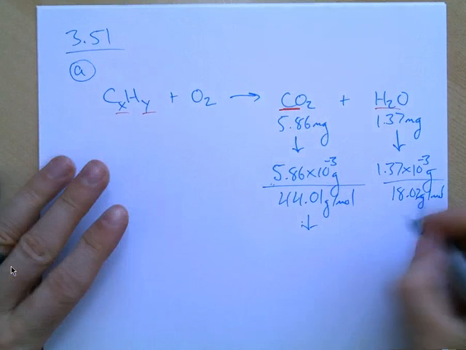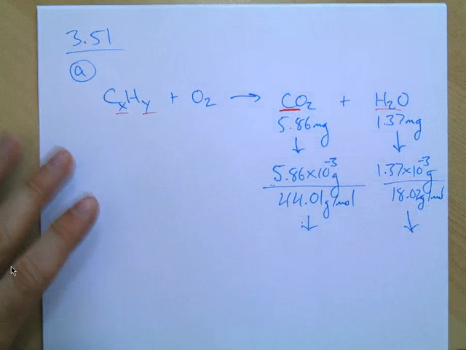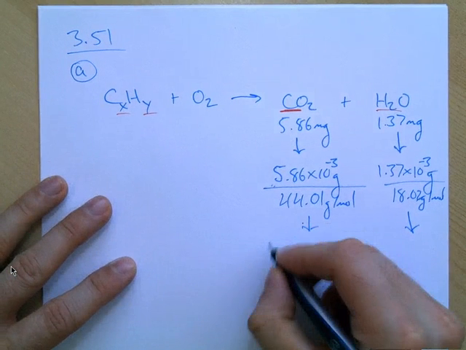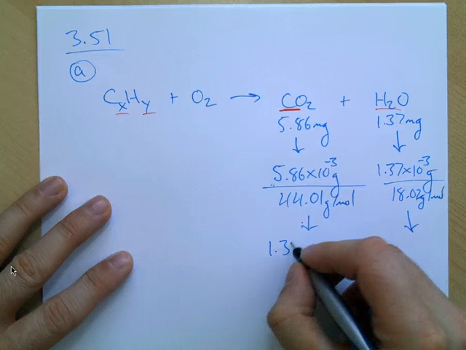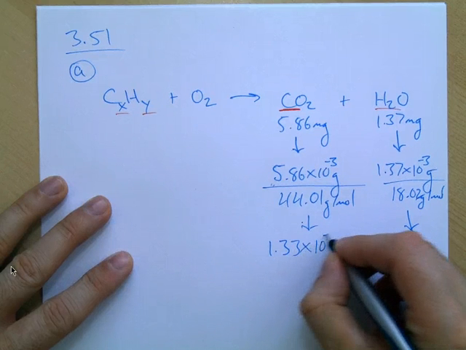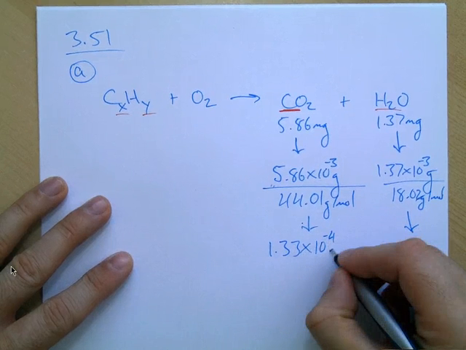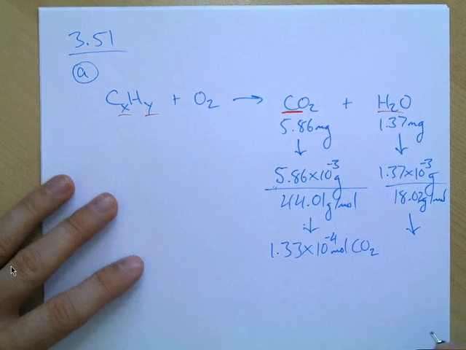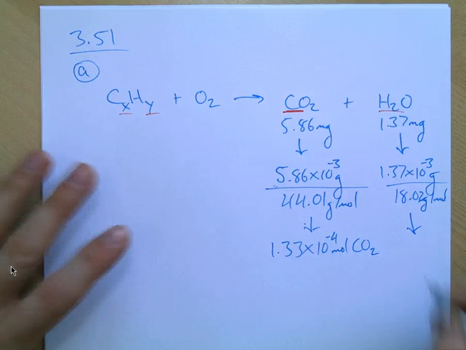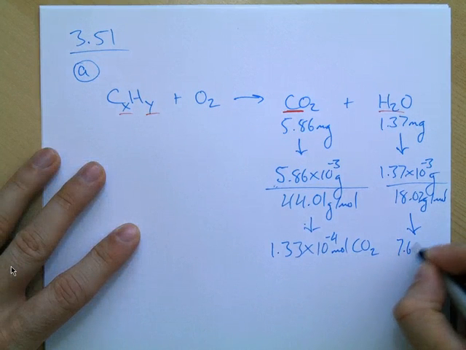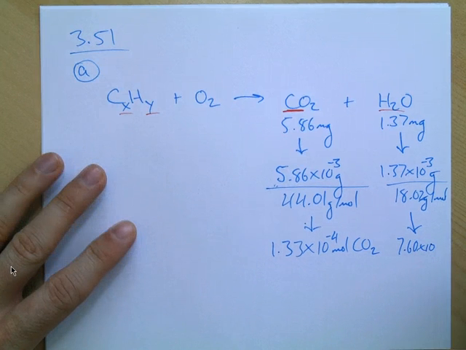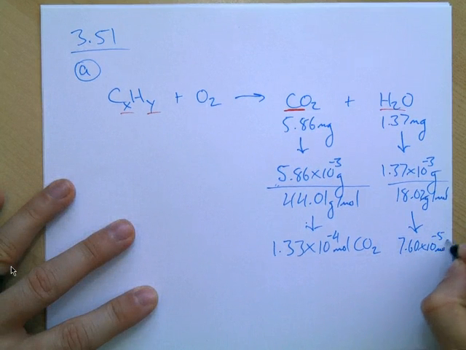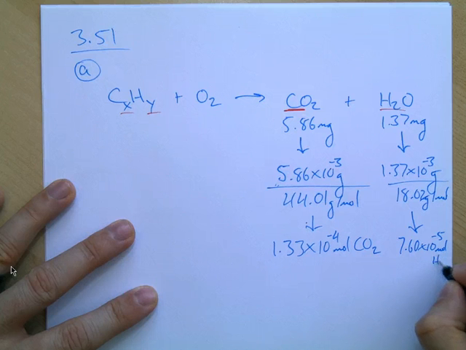So for the number of moles that I have of carbon dioxide in this problem, I have 1.33 times 10 to the negative fourth moles of CO2. For the moles of water, I have 7.60 times 10 to the negative fifth moles, and of course this is for all of H2O.